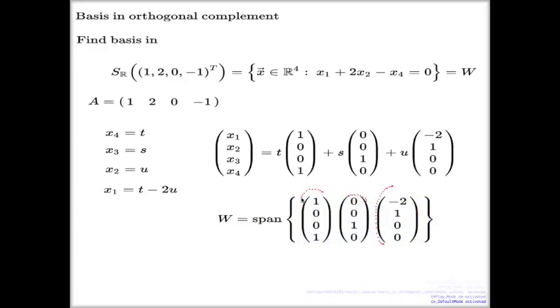This will be already in a row echelon form, because this will be one pivot, this will be another pivot, this will be the third pivot. So all of these three will be leading columns if you do that. That's why they are not only spanning, they are also linearly independent. And that's why these three make a basis for my W, which now has dual category. It is orthogonal complement and span at the same time.